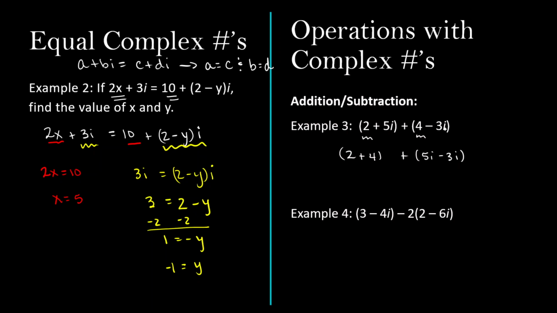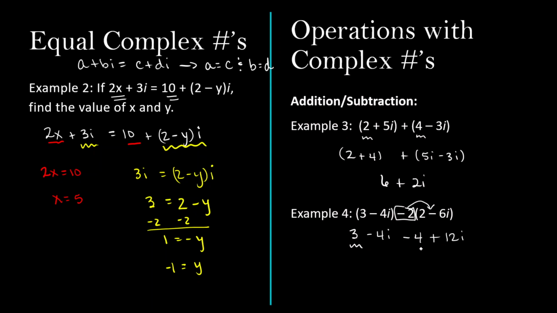So I can regroup them. Addition is commutative and associative, so I can move them around and regroup them, and I end up with 6 plus 2i. When I'm subtracting, I'm doing the same thing, but I just want to be careful with that negative sign because this negative 2 is going to get distributed through here. So I end up with negative 4 plus 12i.